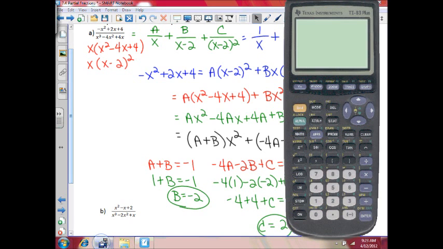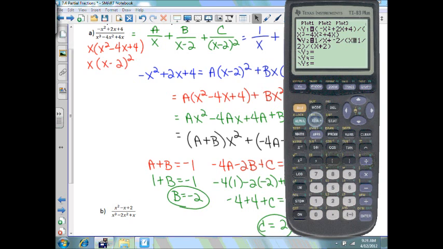Now again, putting this into our calculator, we'll have negative x squared plus 2x plus 4 divided by x to the third minus 4x squared plus 4x. Now that's going to equal 1 divided by x plus negative 2 divided by x minus 2 plus 2 divided by x minus 2 squared.